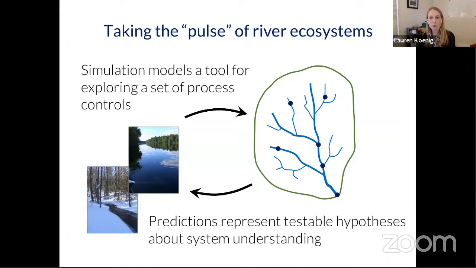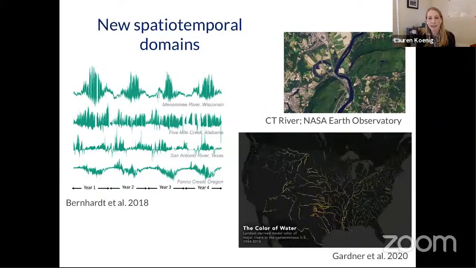And I think this is important because rivers are at a really exciting time to study freshwater systems. We can now observe physical, biological, and chemical processes over new spatiotemporal domains of observation frequency from in situ sensors, as well as geographic extent from advances in remote sensing.